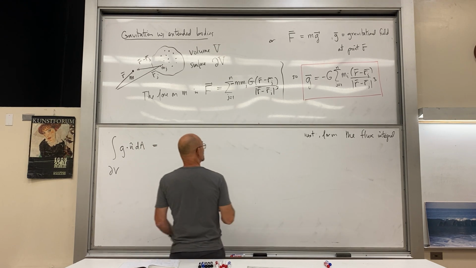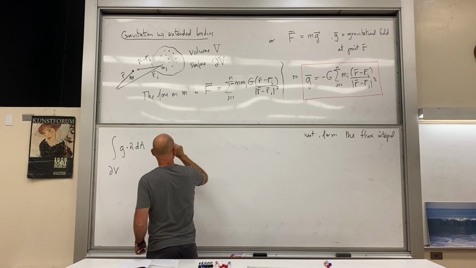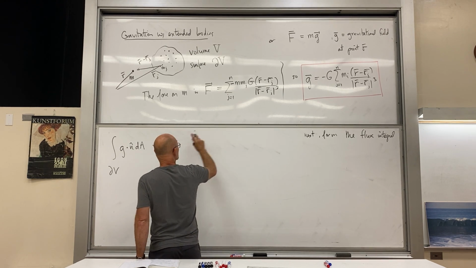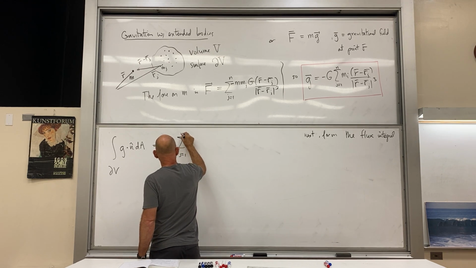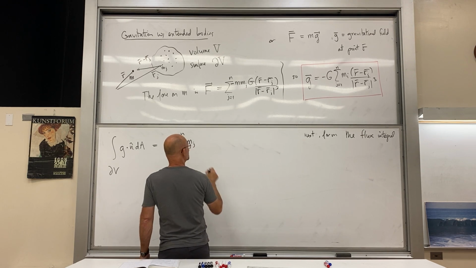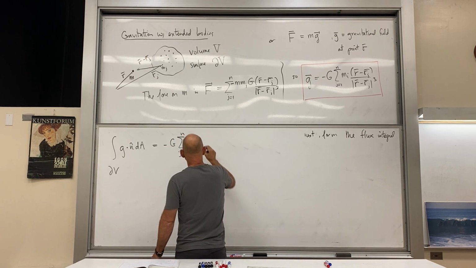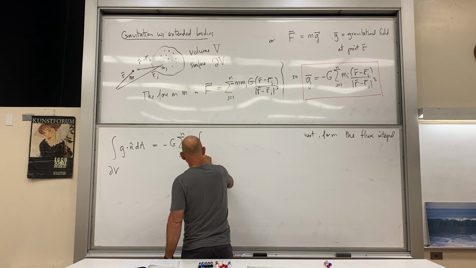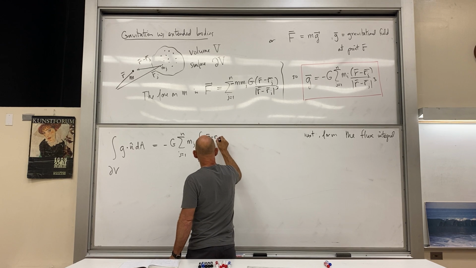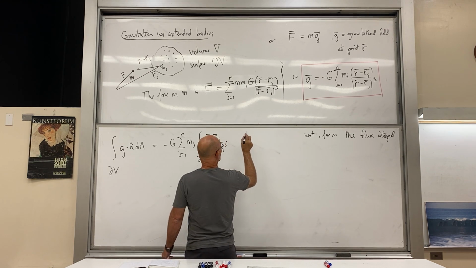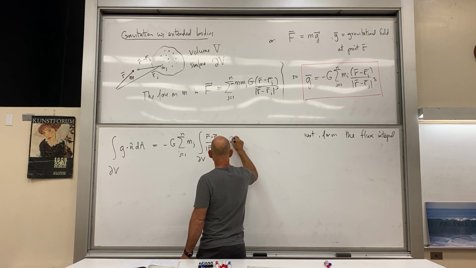The first thing we do is plug all of that in there, and since it's a finite collection of particles, we have minus G sum over j equals 1 to n of m sub j, and now we have this integral over the boundary of V of (r minus r sub j) over |r minus r sub j| cubed, dot n hat dA.